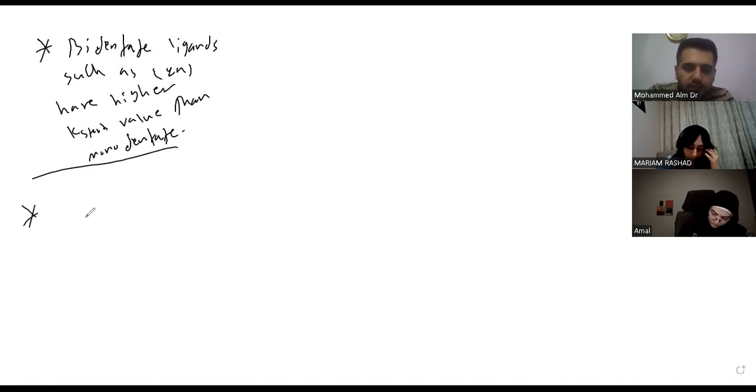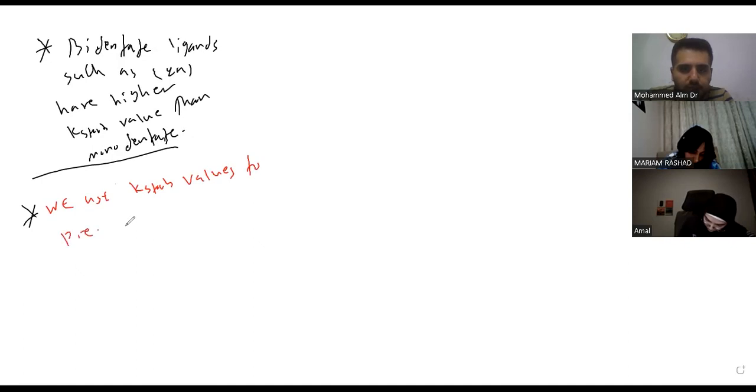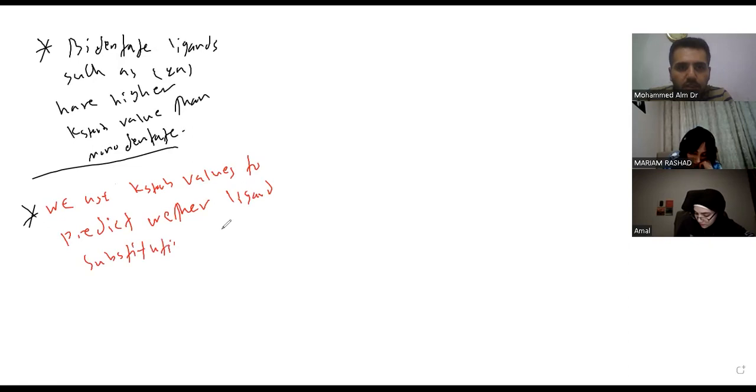A second note, guys, it says we use Kstab values to predict whether a ligand substitution reaction occurs or not.